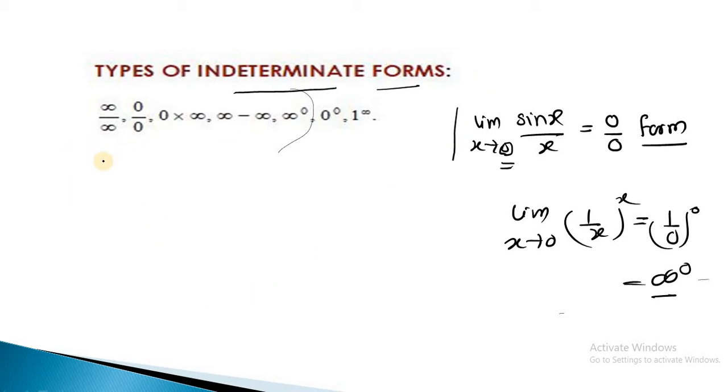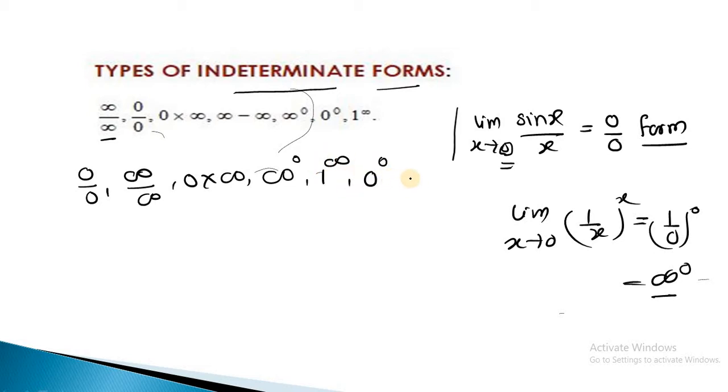There are a total of 7 indeterminate forms: 0 by 0, infinity by infinity, 0 into infinity, infinity raised to 0, 1 raised to infinity, 0 raised to 0, and infinity minus infinity. These are the 7 indeterminate forms. Now we can find the limit of the 0 by 0 form.